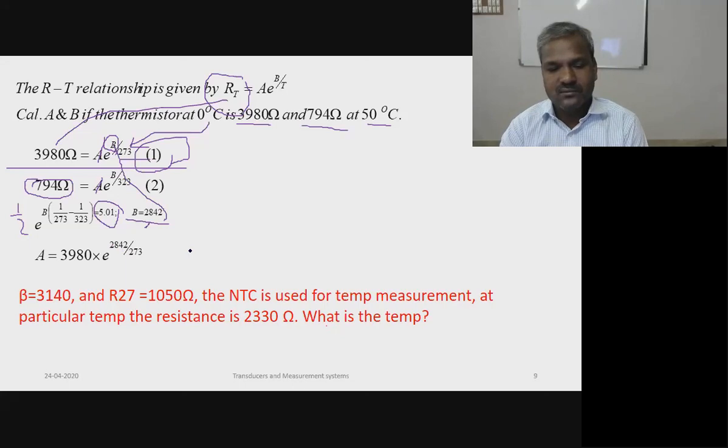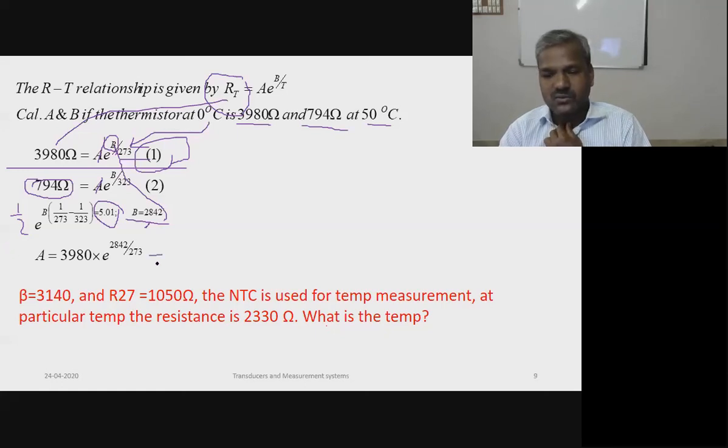Please tell me the value. Okay, you calculate and submit in the notes.